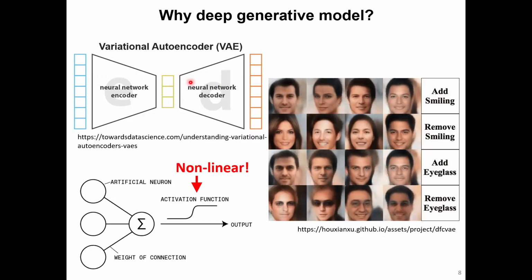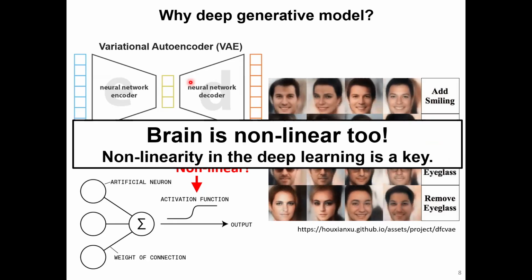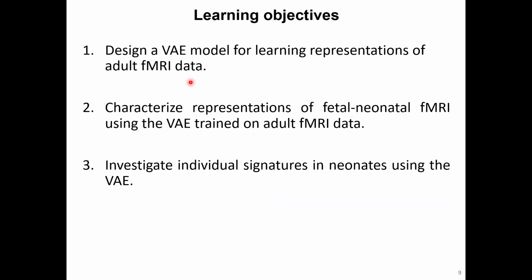This is possible because there is nonlinearity inside of these convolution layers, called activation functions. The brain is nonlinear, so the nonlinearity implemented in the deep learning algorithm can be a key to understand how the brain is activating.